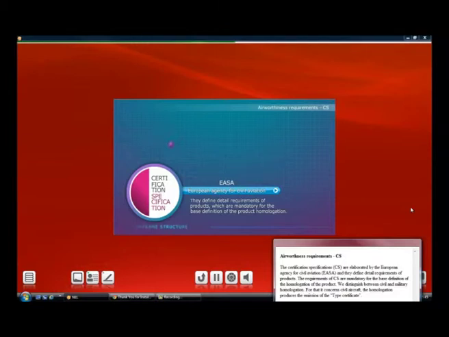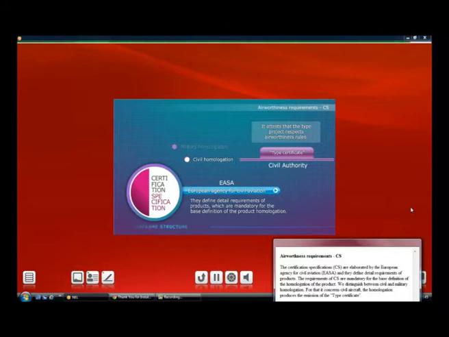It distinguishes between civil and military homologation. For civil aircraft, the homologation produces the issuance by the civil authority of the type certificate. This happens through a check process which attests that the type project respects airworthiness rules.